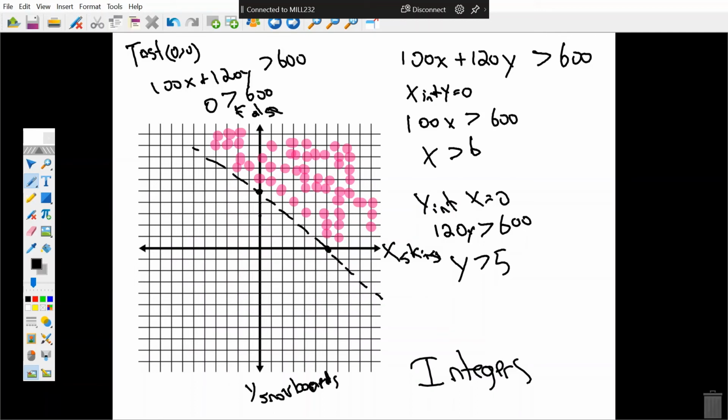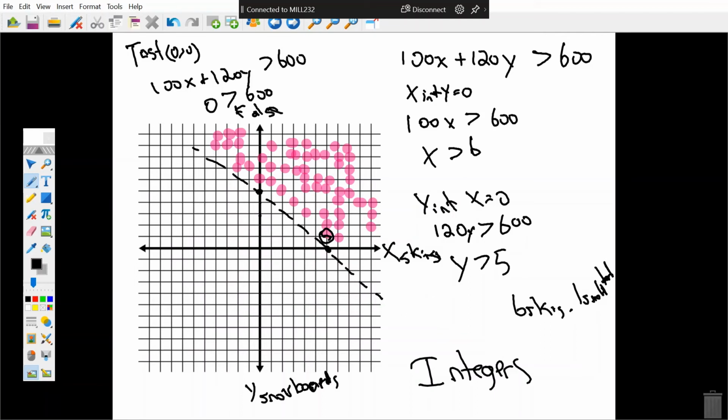So a solution that makes sense is he could sell 1, 2, 3, 4, 5, 6 skis and 1 snowboard, because this dot right here is in our solution set, right? If he sold 6 skis and 1 snowboard, he would make more than $600 in a day.